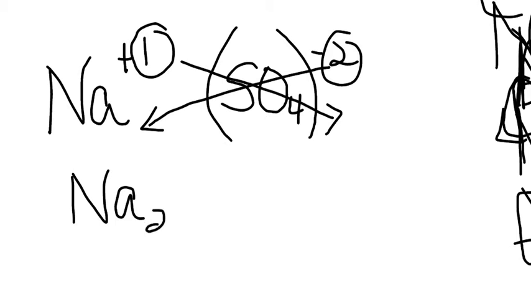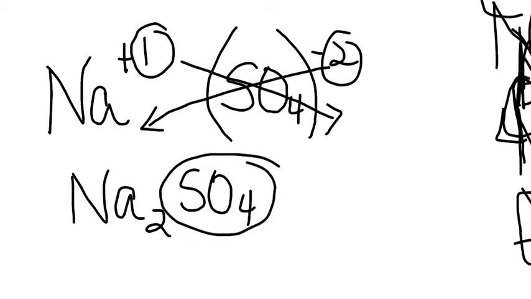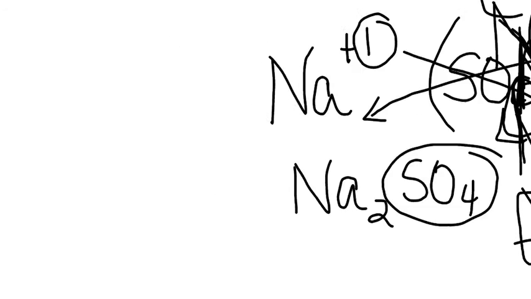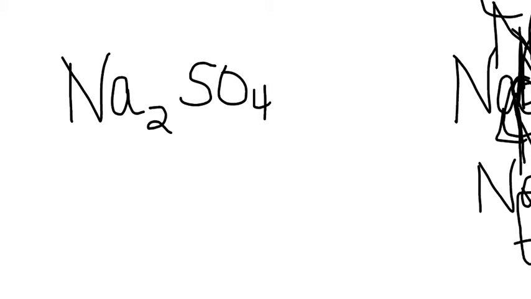So 2 sodiums, 1 sulfate. I don't need the parentheses when I only have 1 polyatomic ion. So I didn't have to surround it by parentheses. The formula was correct when I simply wrote it as Na2SO4. That means 1 sulfate. It's 2 to 1 is the ratio.